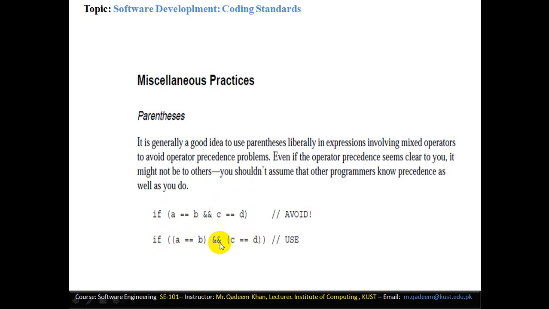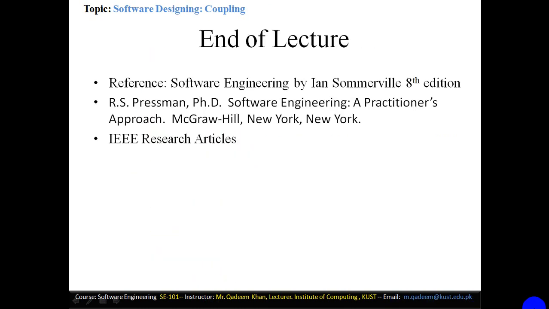That means there is the AND operator. So if it returns 1, that means true, and the other also returns true, then overall the result should be true. But if you don't use the braces, that is the parentheses, it will produce a different result because the expression is evaluated from left to right. First of all, A will be checked with B and then it will be checked with C, not with the result of the C and D equality. So this will make the concepts very much wrong. Also, it will give us different results.